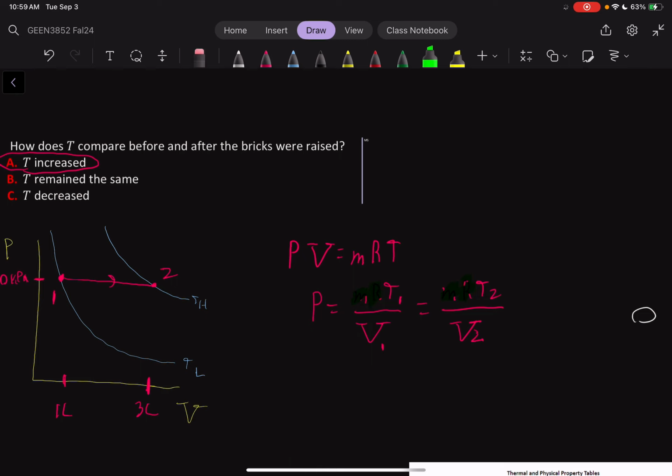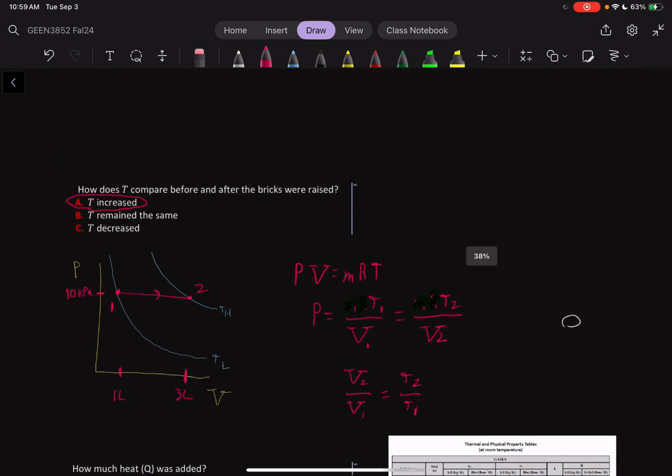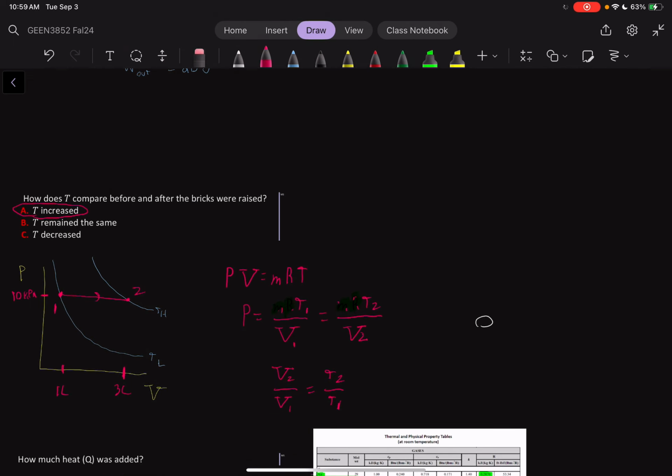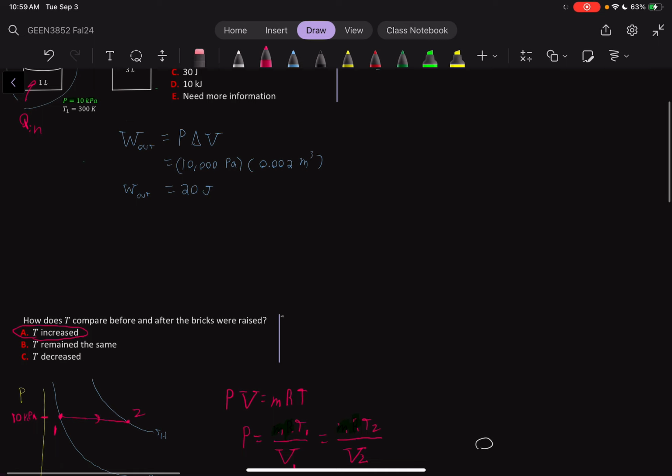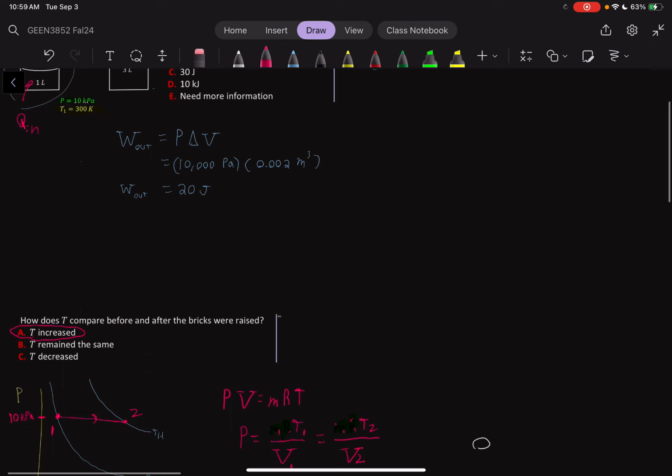R is a constant, it shouldn't change. And so I know that T1 over V1 equals T2 over V2, or that the ratio of the volumes should be equal to the ratio of the temperatures. And since I know the ratio of the volumes, I know my initial temperature was given up here to be 300 degrees Kelvin, I could get my second temperature. My second temperature, T2, is going to be equal to 900 degrees Kelvin.